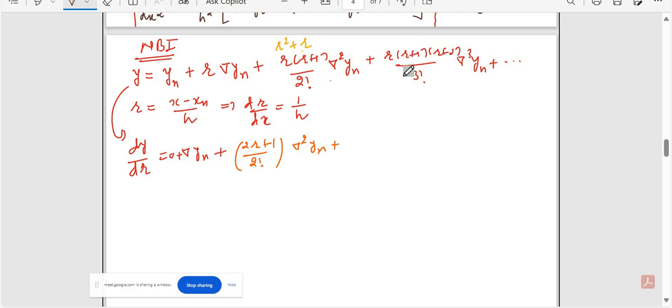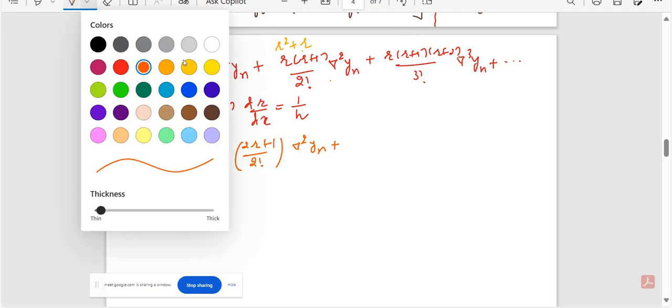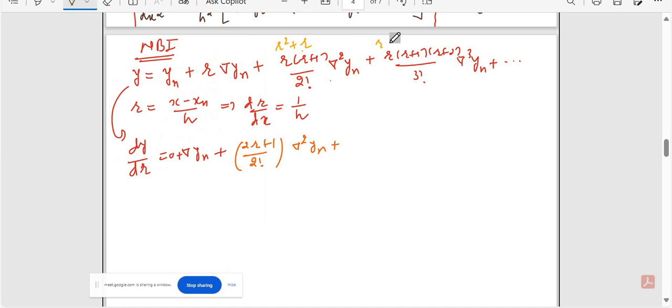Now next term, so if you simplify this, then you will get r square plus r into r plus 2, and it gives you r cube plus 2r square plus r square plus 2r.